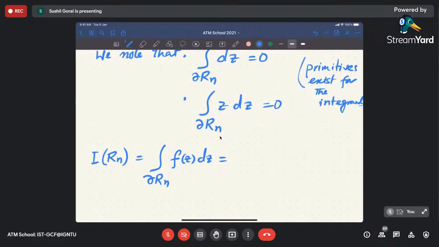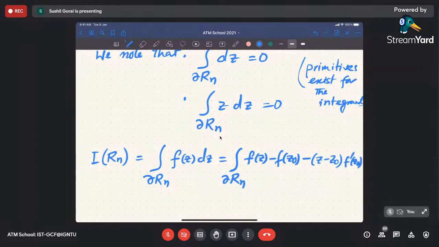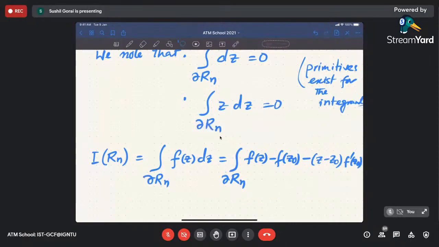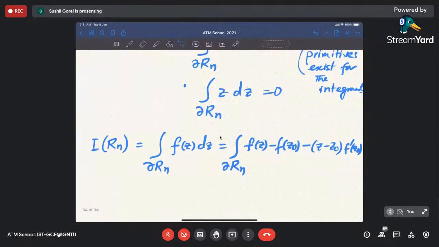So which means this one is integration over del Rn of f(z) minus f(z naught), which is a constant, minus (z minus z naught) times f prime z naught, and then there is this dz.